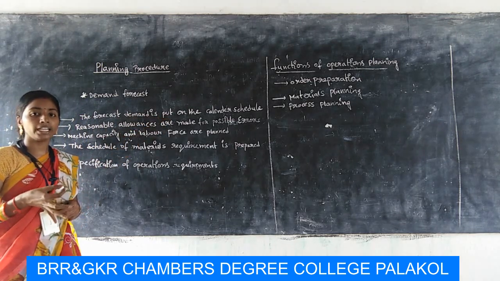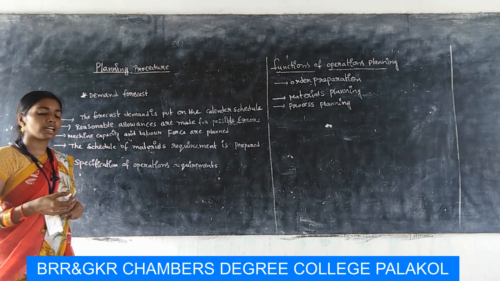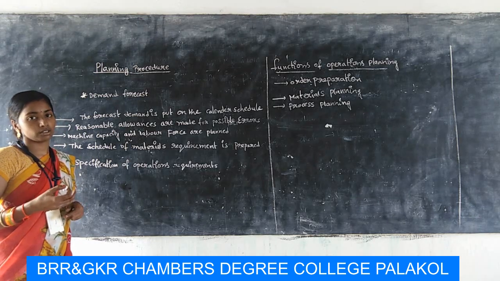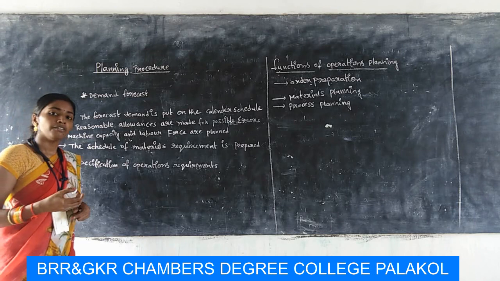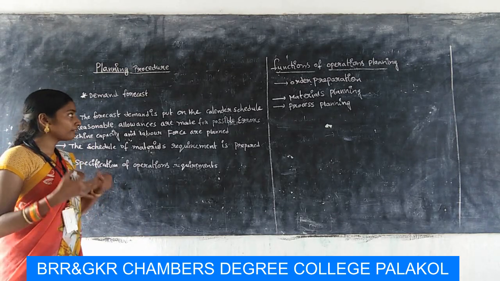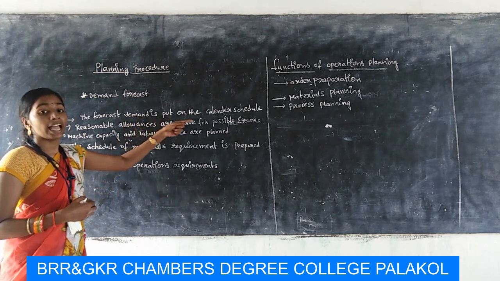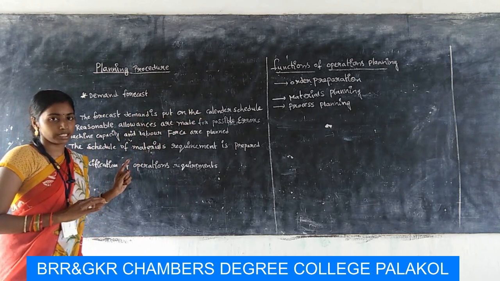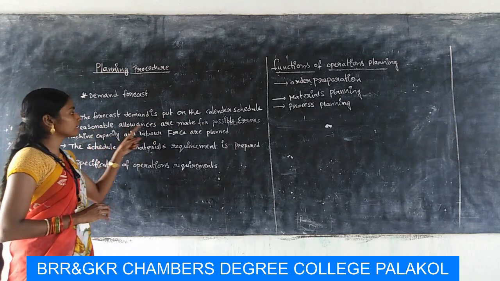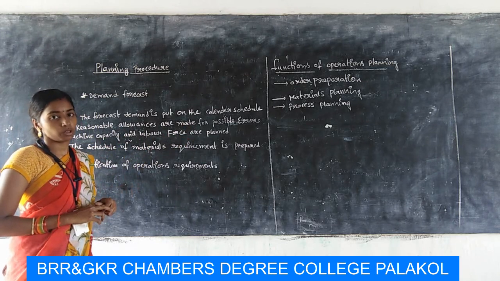First we have to identify the prevailing demand conditions. Sometimes there are seasonal fluctuations in demand, which means there are some products which get demand in certain seasons. So we have to estimate that demand, and the estimated demand is put on the calendar schedules.